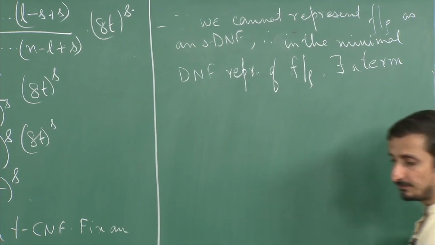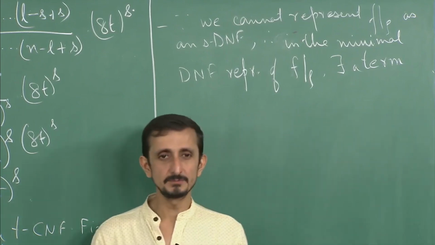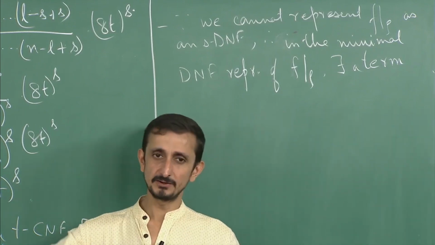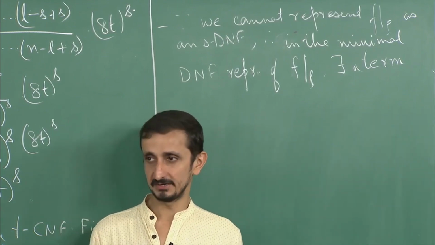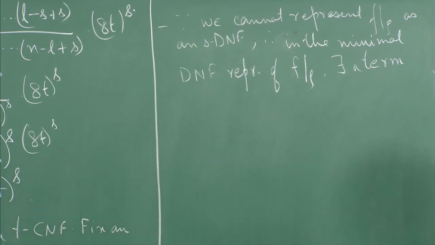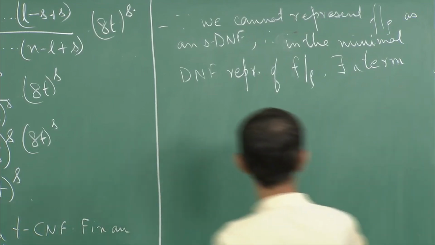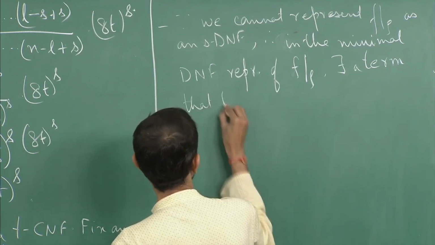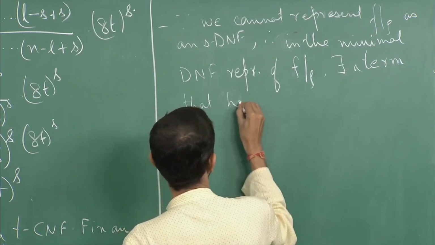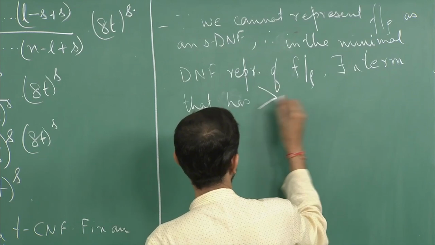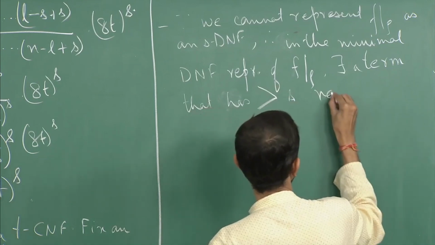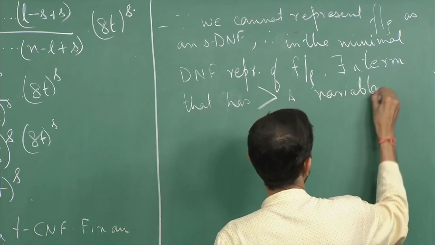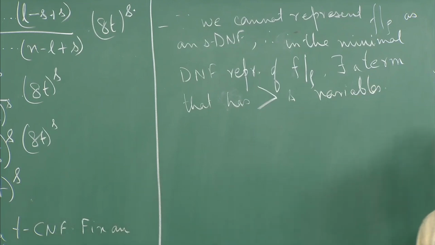If all the terms are bounded by S, then f restricted to rho does have an S DNF representation, but by our choice that is not the case. So therefore there is a term that has greater than S variables.